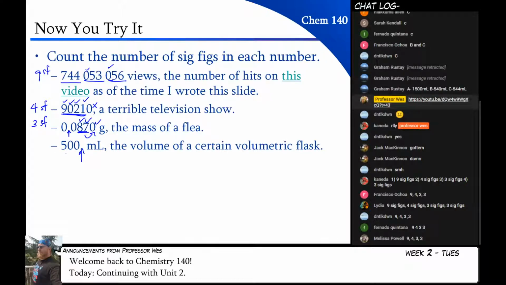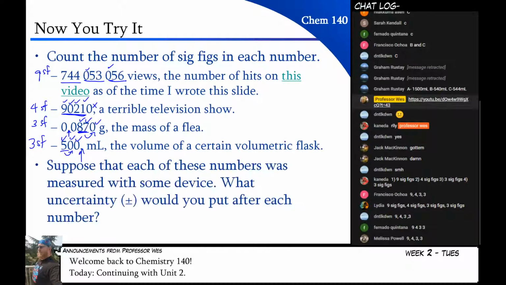And then finally here, I have a decimal point, which means that I have to follow the decimal rule. All of them count. Remember that 500 dot has 3 sig figs, but 500 only has 1. All right, so be mindful of that.